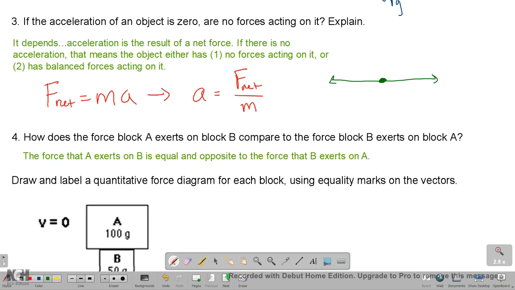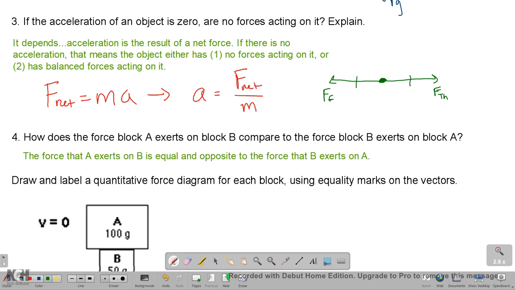You could have something like the force of thrust is propelling the object, and then the force of friction opposes it. And as long as these two are equal, then the object will move at a constant velocity. That would be an example where the acceleration is 0, but there are still forces acting on it.